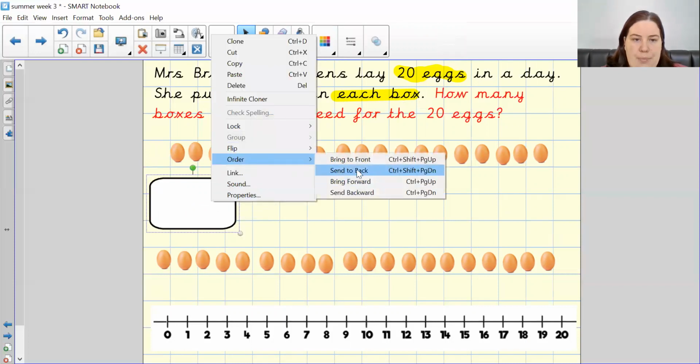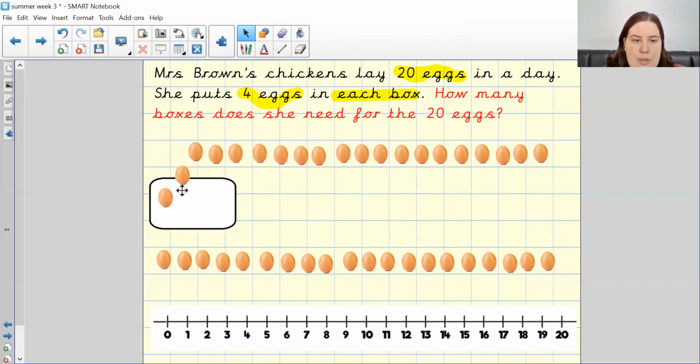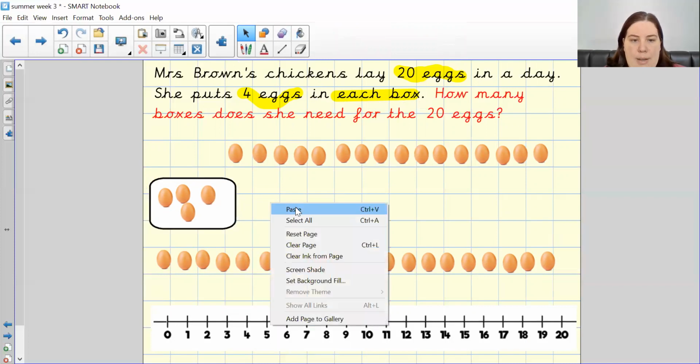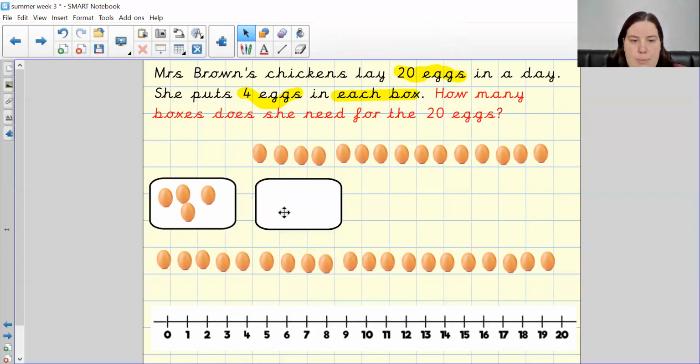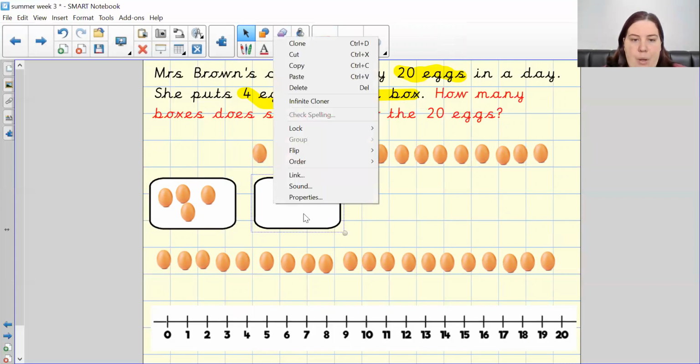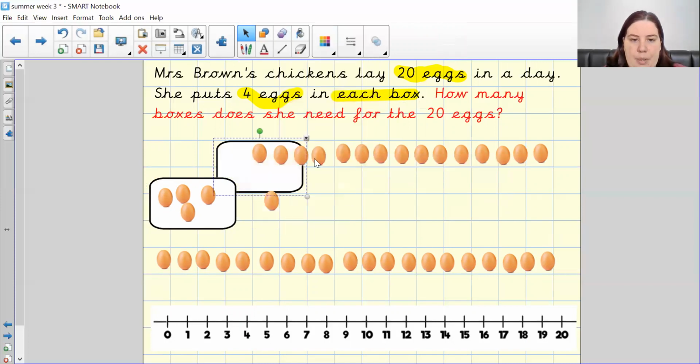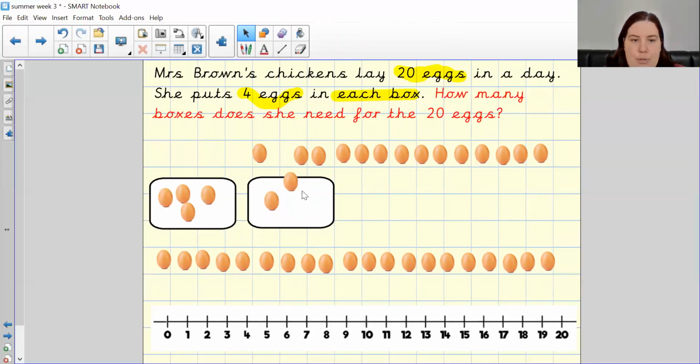So, 1, 2, 3, 4. So that is 1 box. Now I'm going to make another box. 1, 2, 3, 4.